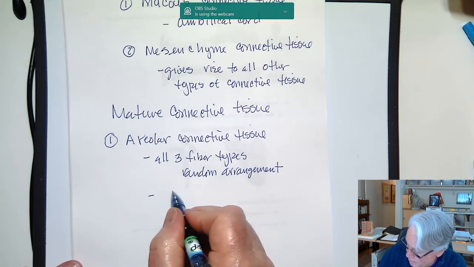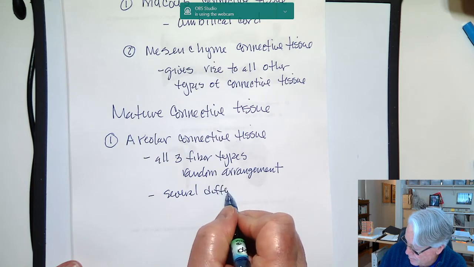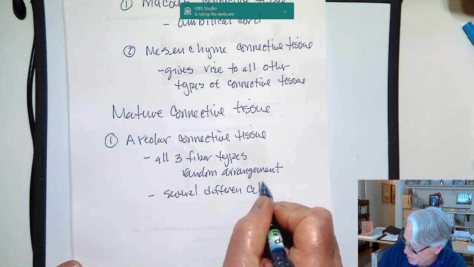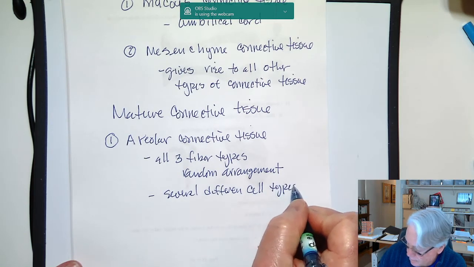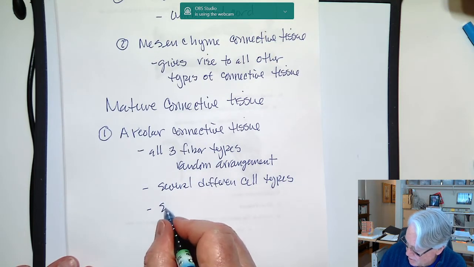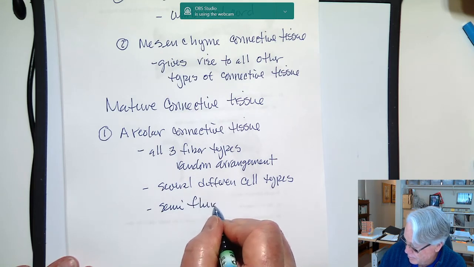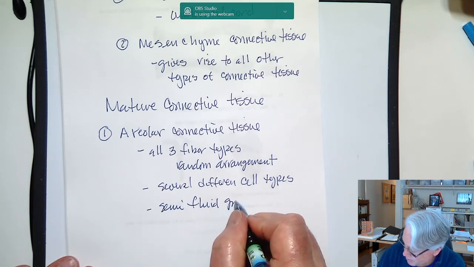We have several different cell types. And we have a semi-fluid ground substance.